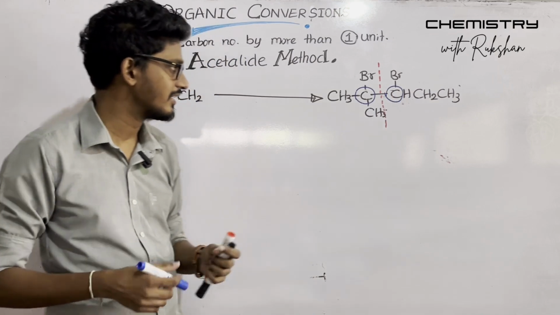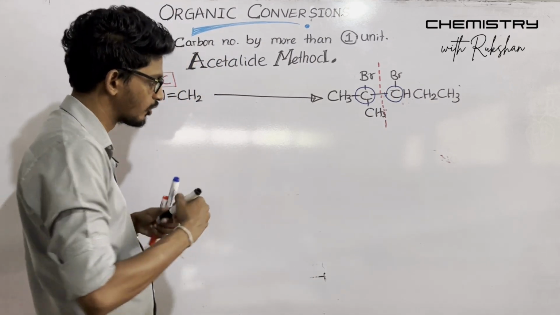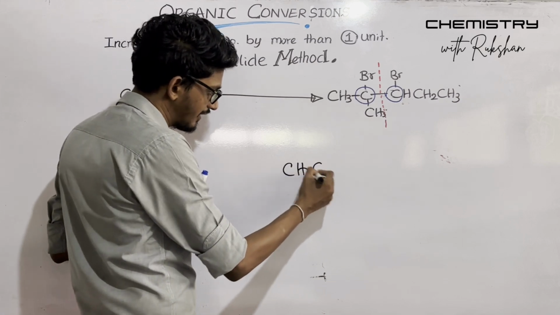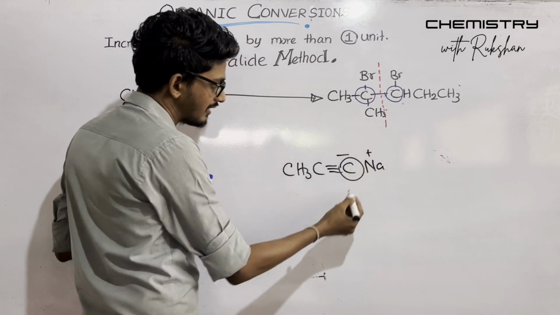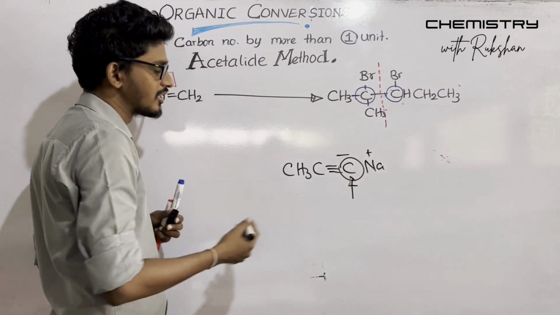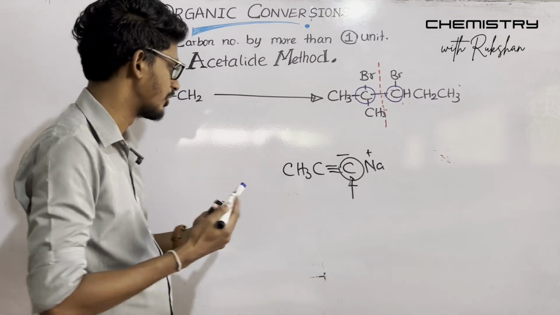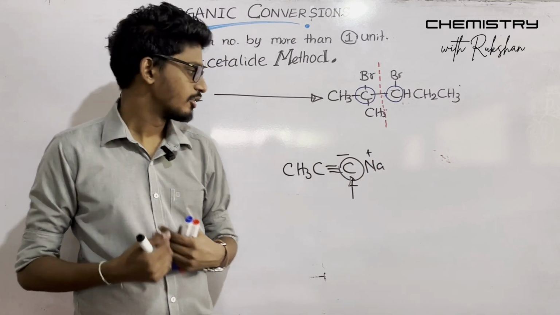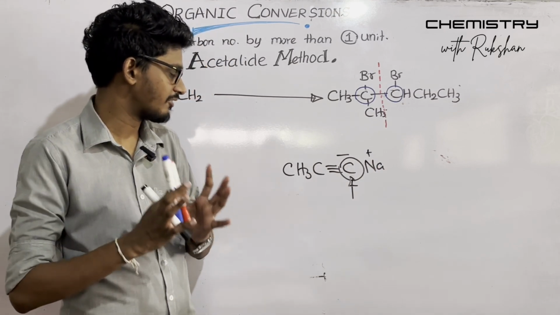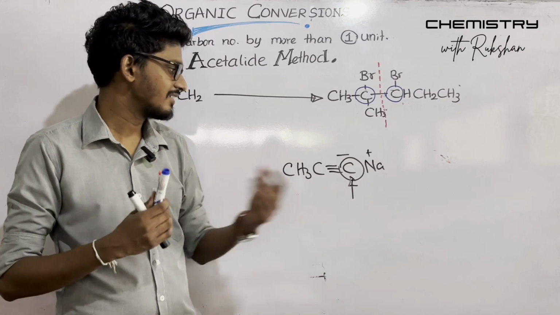Because we know in sodium acetylides, the functional carbon should be at the corner position of your chain, because it is from the terminal alkynes. So basically in acetylides, the functionality is at the corner position.